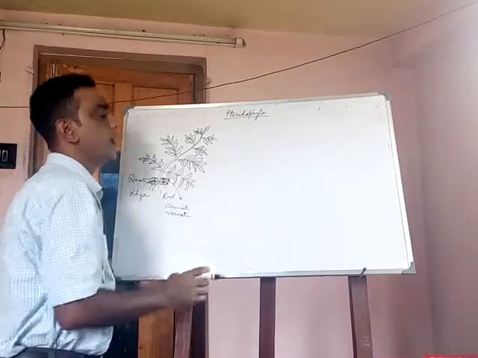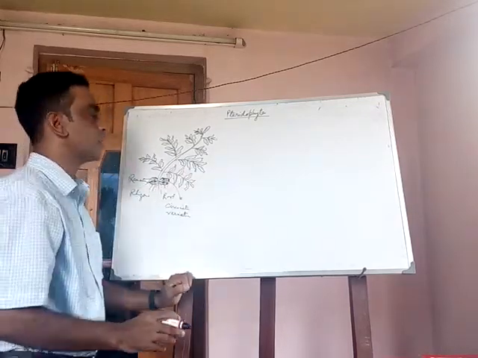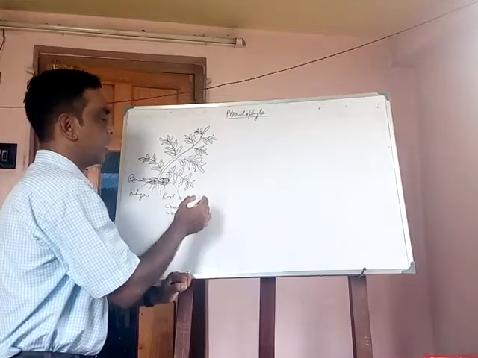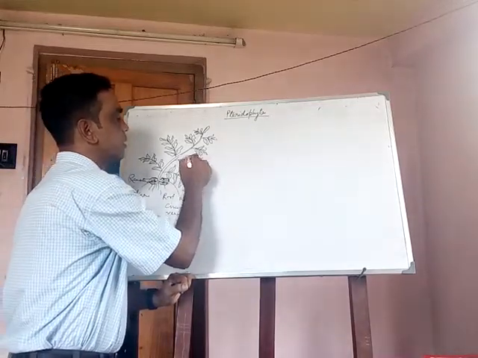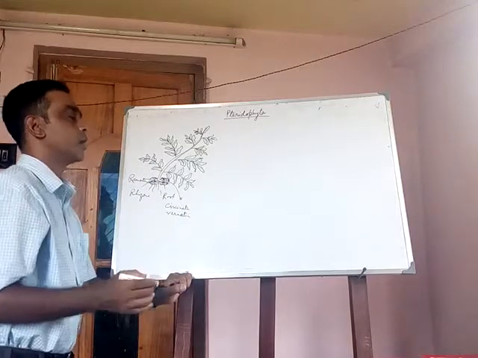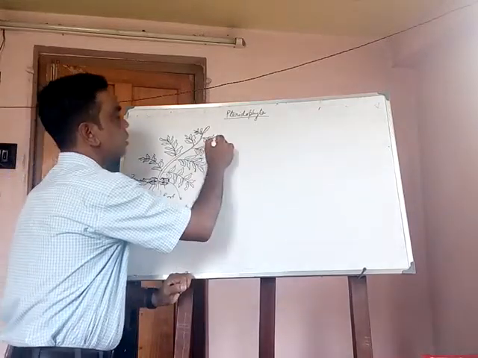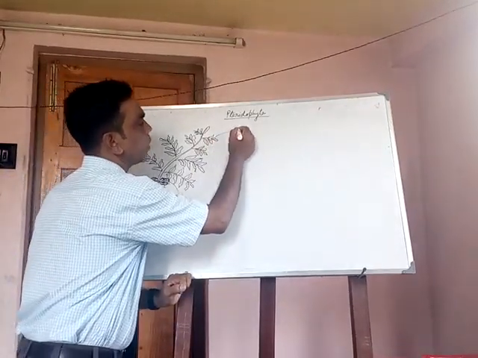And these are the leaf portions. The compound leaves, all the leaves are unit leaves, leaflets. It is called the sporophyll.